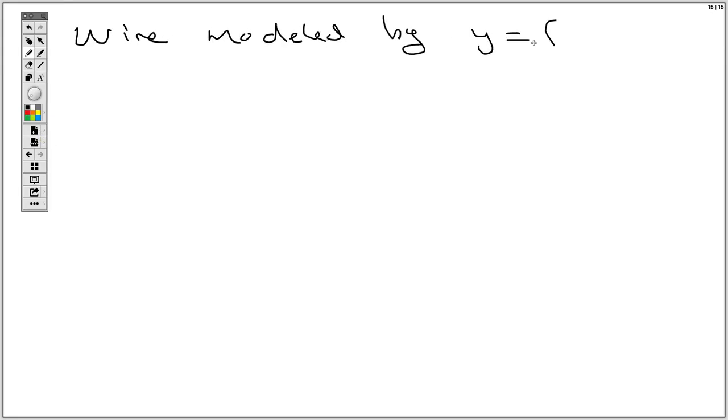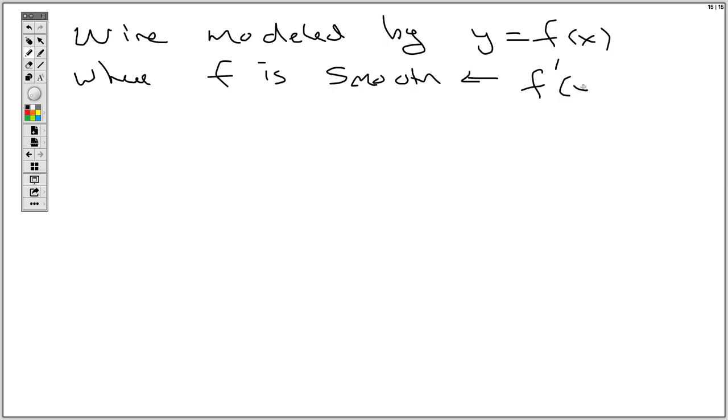Now let's generalize that. What if your wire was modeled by y equals f of x, where f is smooth? Remember, that means that f prime of x is continuous.